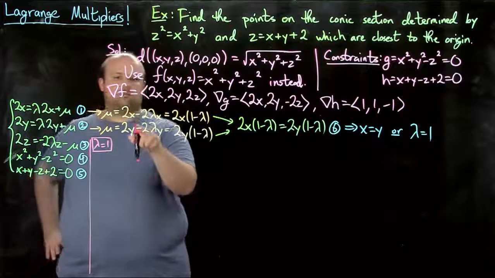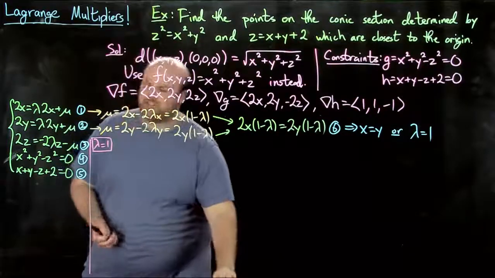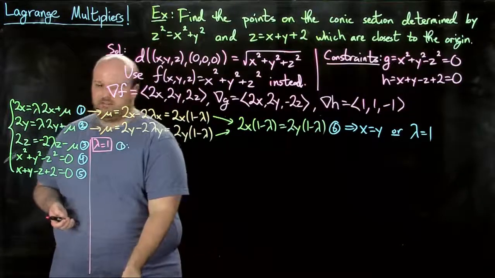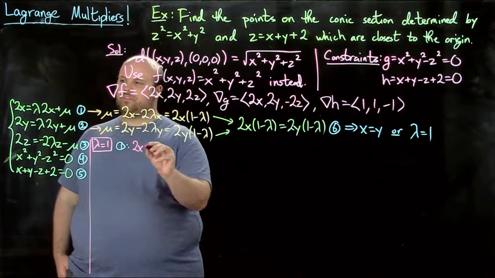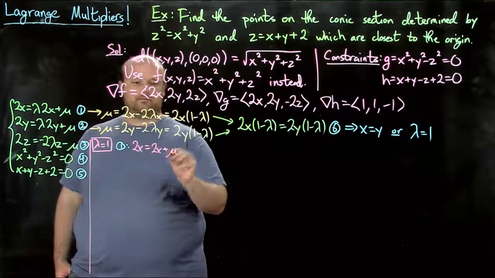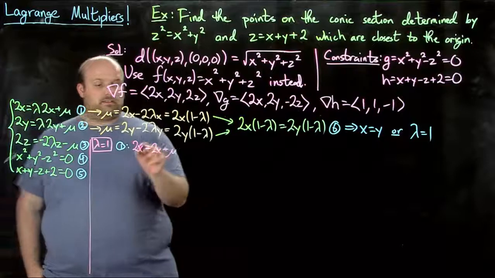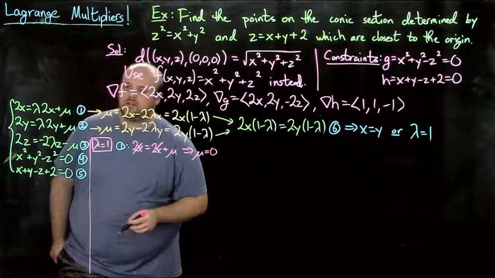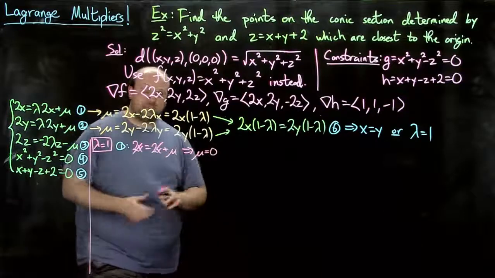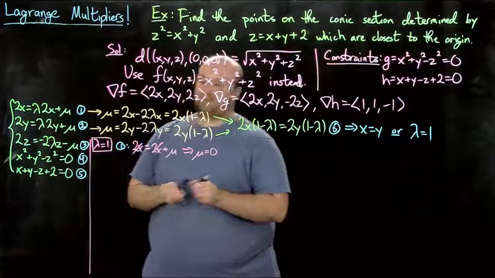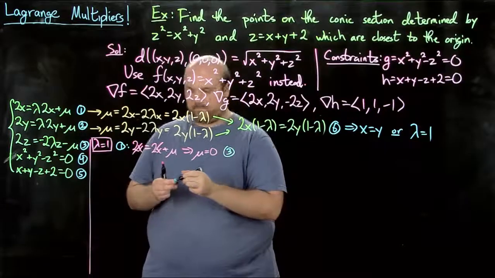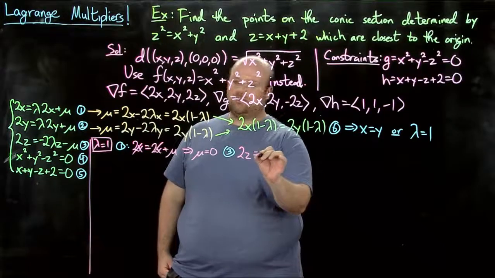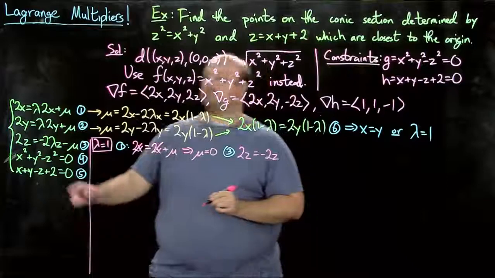If lambda is 1, then we can use equation 1. Equation 1 becomes 2x equals 2x plus mu. These cancel, and so mu is 0. But then we can use equation 3. That tells us 2z is negative 2z, remembering that lambda is 1.